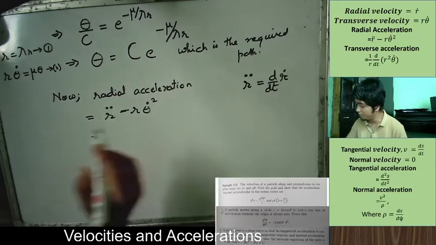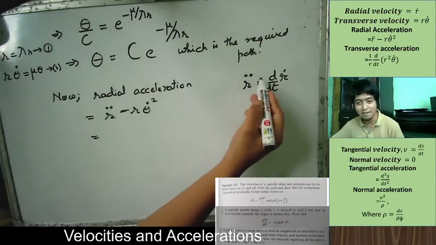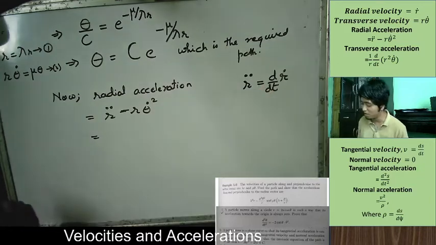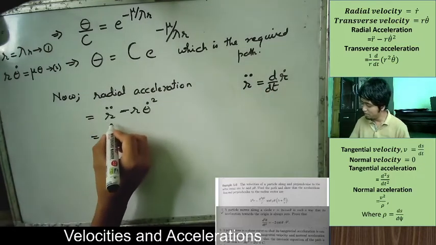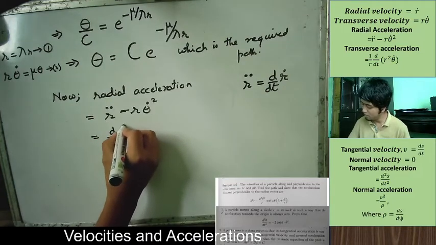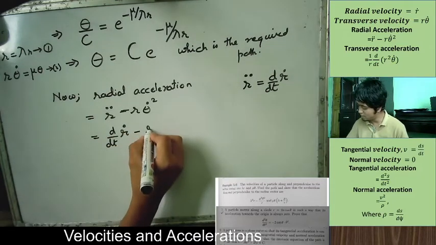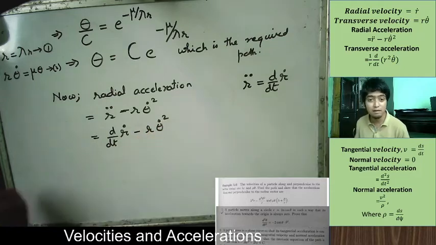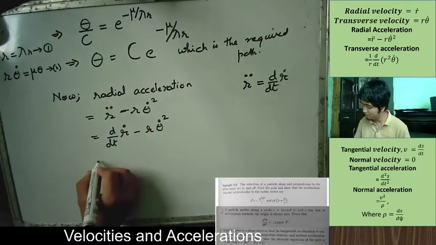If you differentiate something with an r dot, you will get an extra dot, which is r double dot. So over here we can write it as d/dt r dot minus r theta dot square. So this is what we are given.